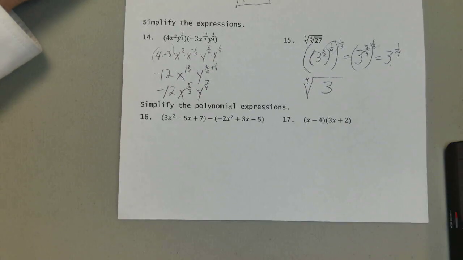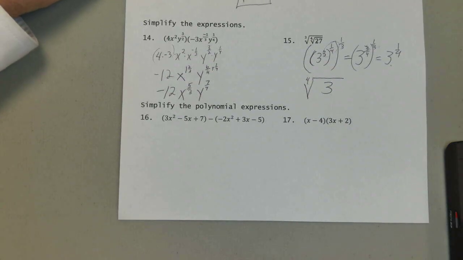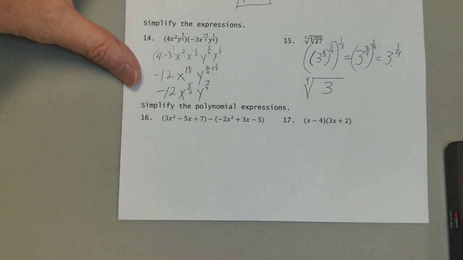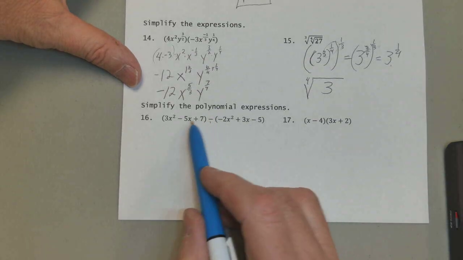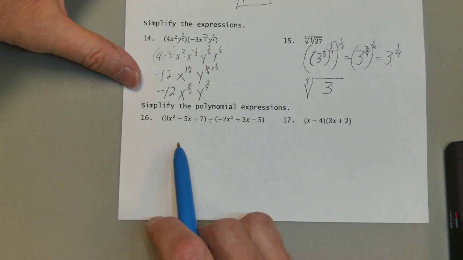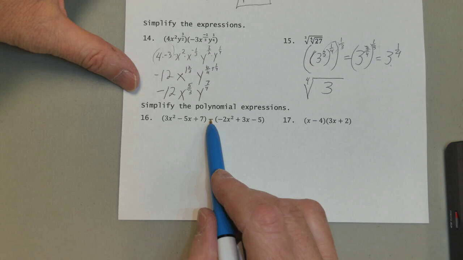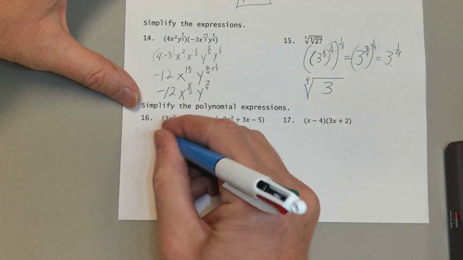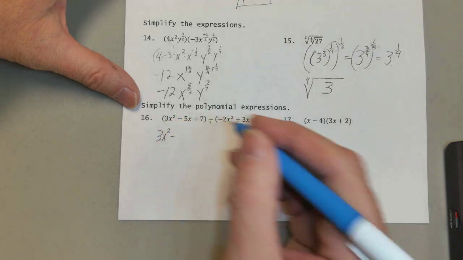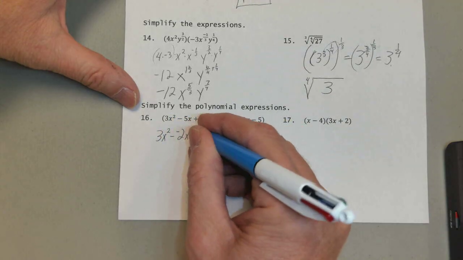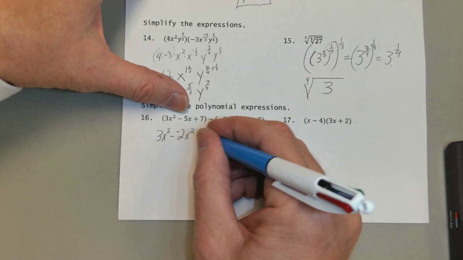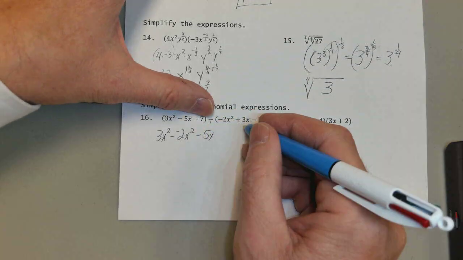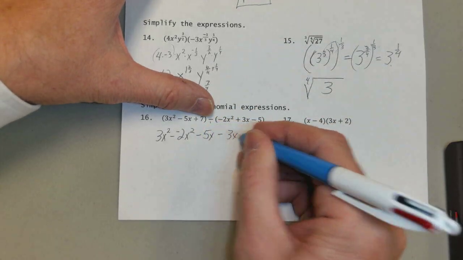All right, 16. We've got this polynomial expression here. It is subtraction. Don't FOIL. That's a mistake I see. Make sure you're looking that there is an operation that's not multiplication between the two. So I'm going to take 3x squared minus negative 2x squared. Then I'm going to take the negative 5x minus the 3x.